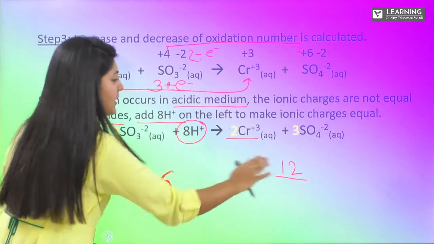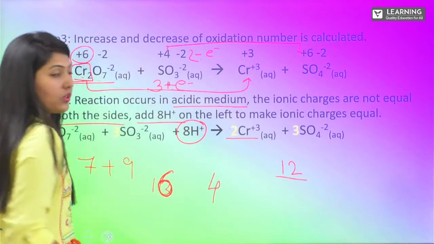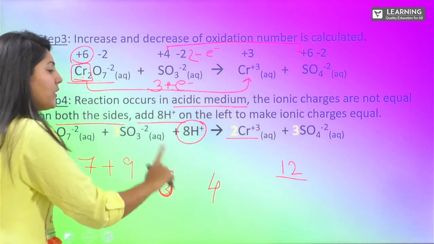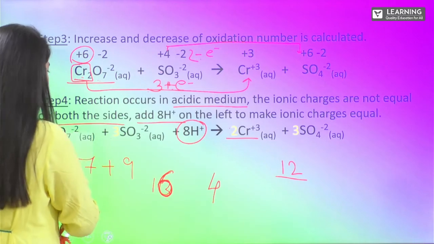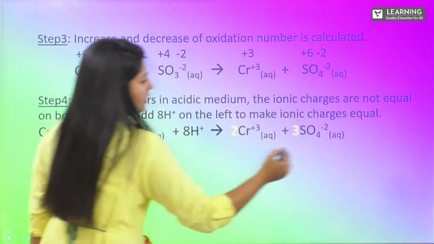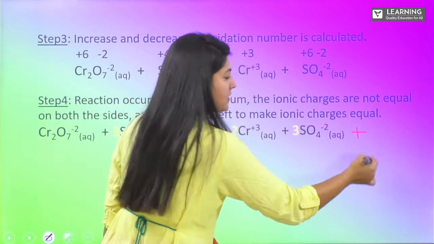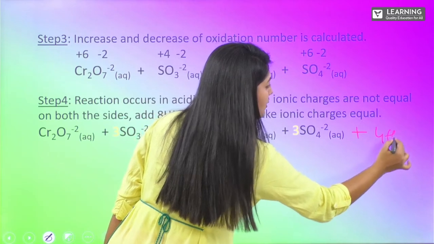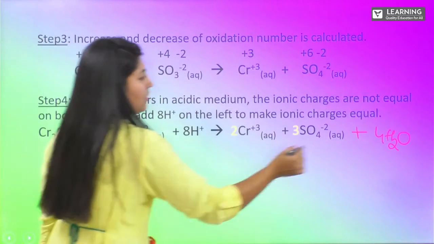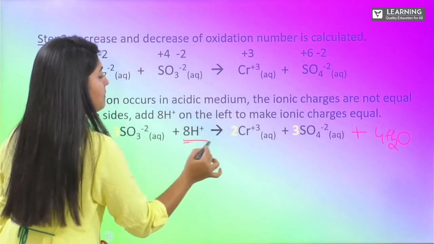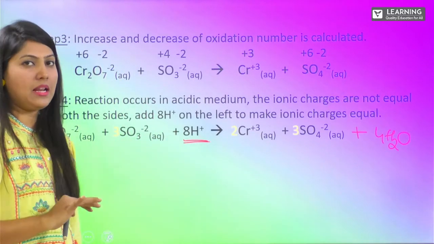So how many oxygen atoms are deficient? 4. So what do we need to do? We need to add 4 water molecules on the deficient side. That means on the product side we need to add 4 H2O. Then 4 twos are 8, giving 8 H+ ions on the other side. Then it will be balanced.